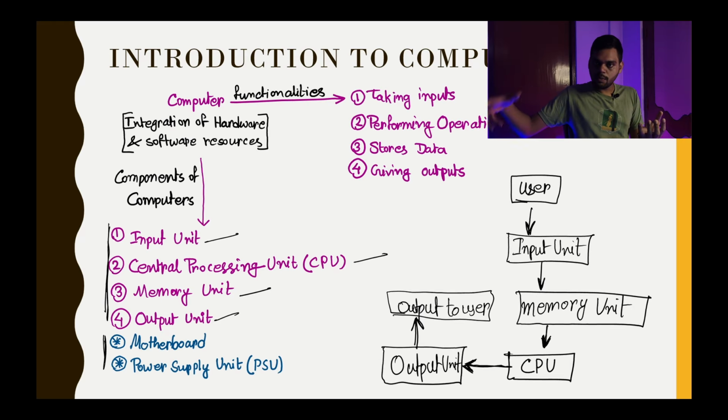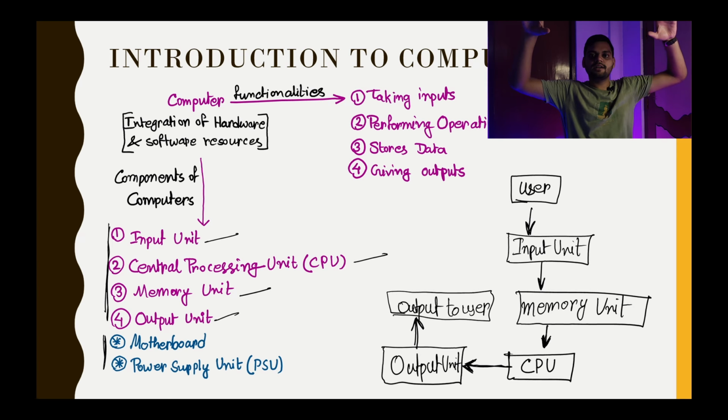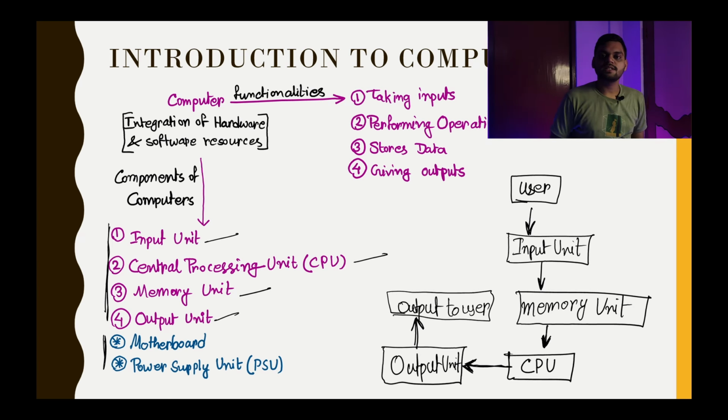After completing those operations it may store the result again to the memory unit, or the result of processing the input data will be given to the output unit, and the output unit will display the result to us. This is basically the main data flow of a computer. Okay, so take a screenshot of this.